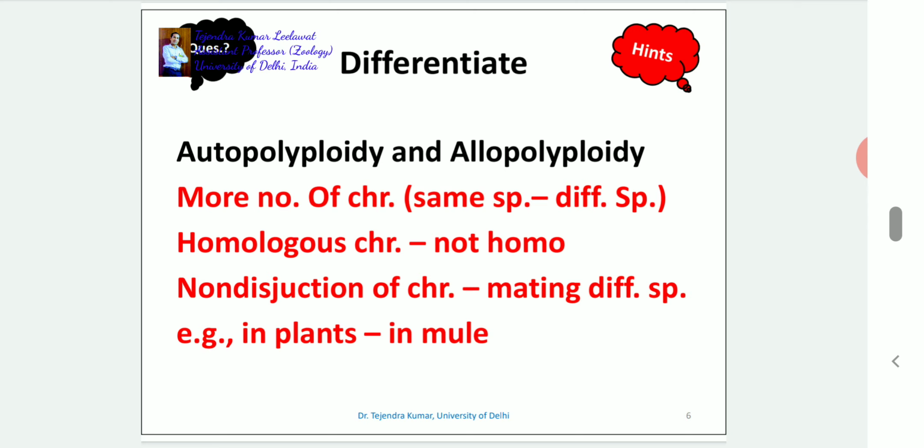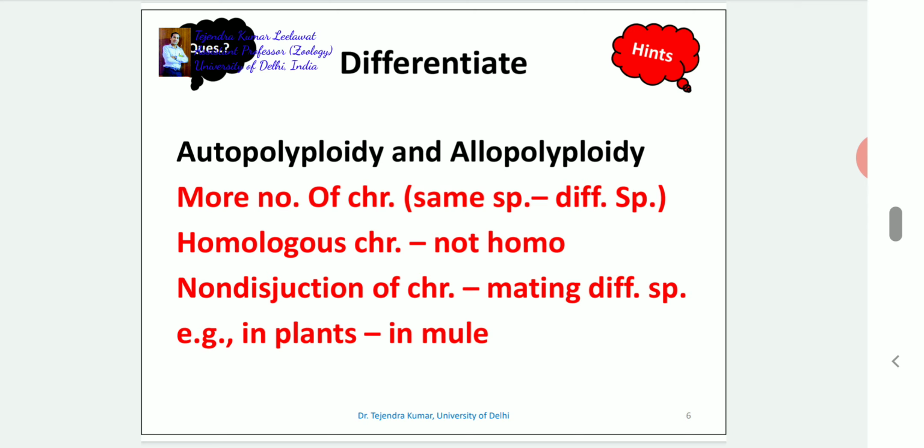Autopolyploidy is generally found in plants. In animals, I don't know actually, and it is generally said to be rare or sometimes not present. But an example of allopolyploidy is the mule. A mule has 63 chromosomes, which were received from both the ass and the horse.